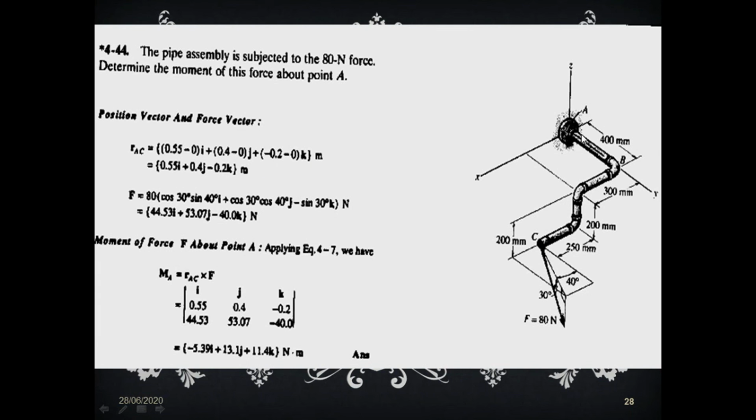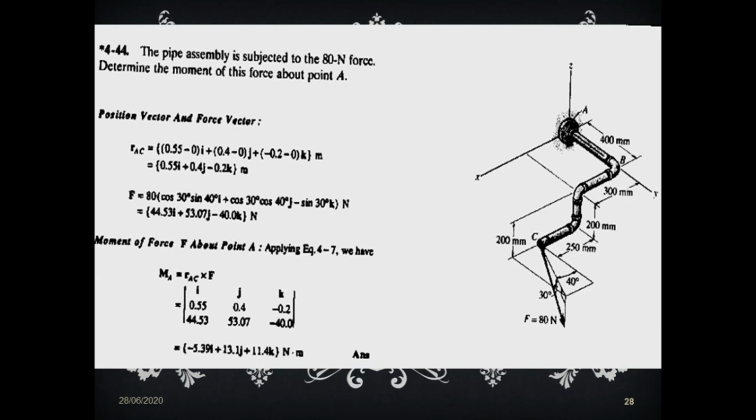So we take the position vector AC and cross it with F. We have to calculate the position vector AC, that means r_AC cross F. But there is a problem. F is not in the Cartesian vector form, but they have given it to us in scalar form.